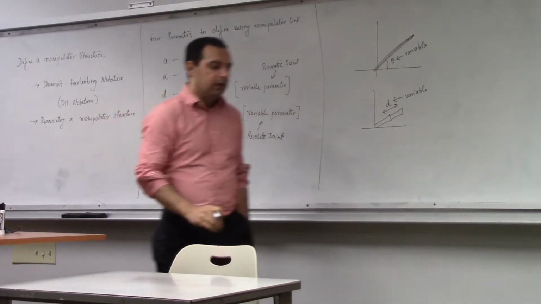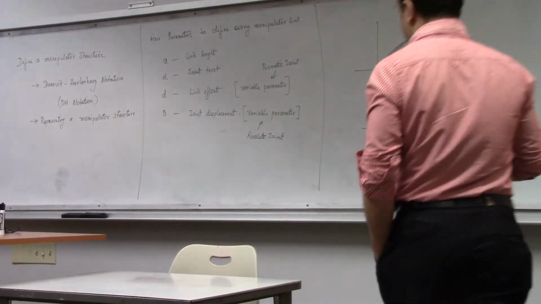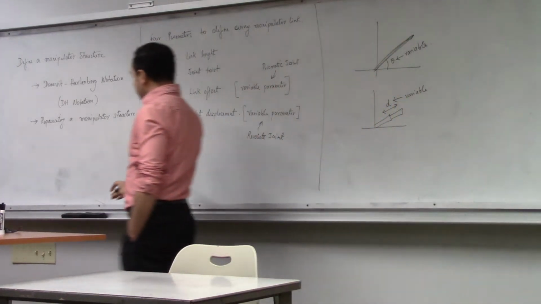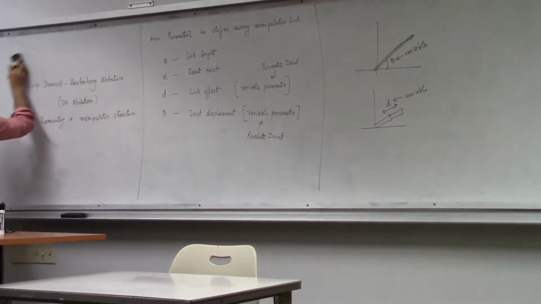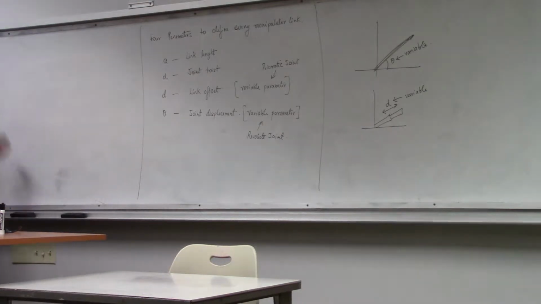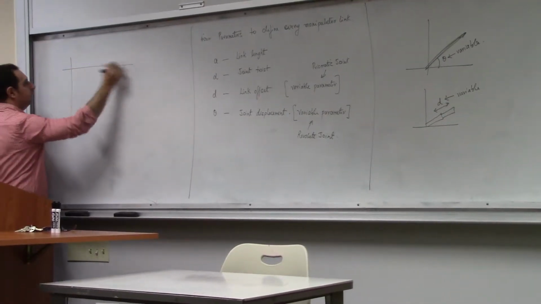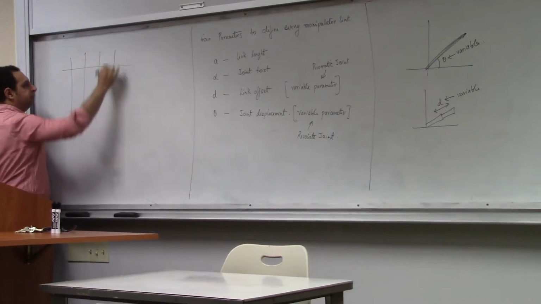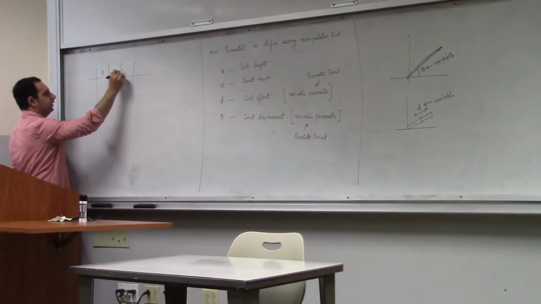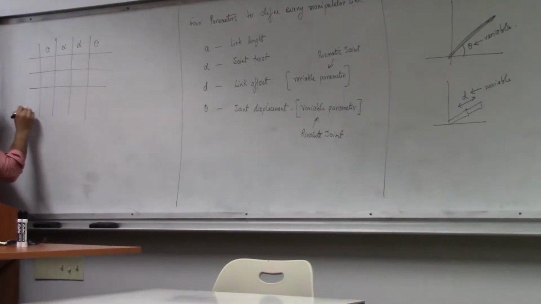So we'll go on defining these four parameters for every link that we have. For example, if I have a 3 degree of freedom manipulator, I'll write a table like this: a, alpha, d, theta. Every link will have one row.